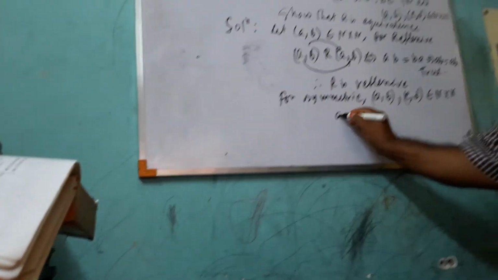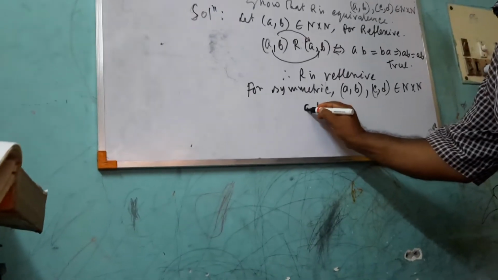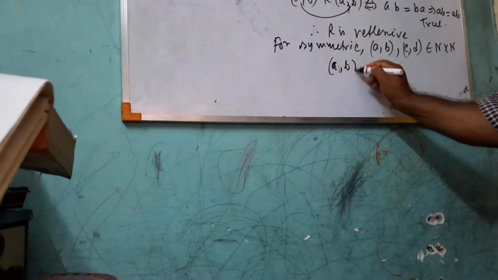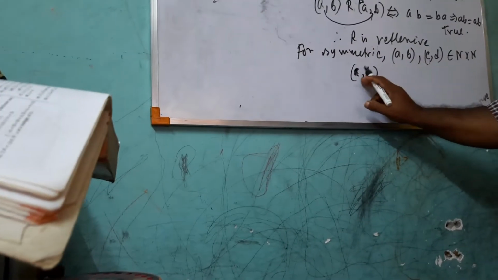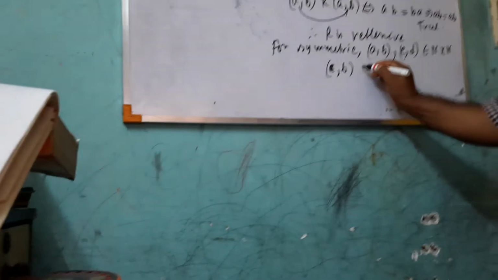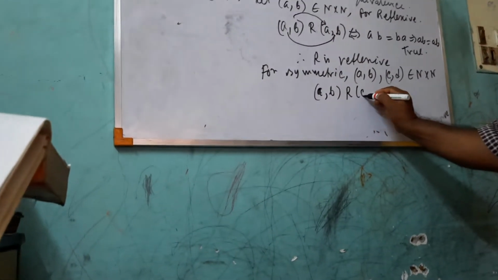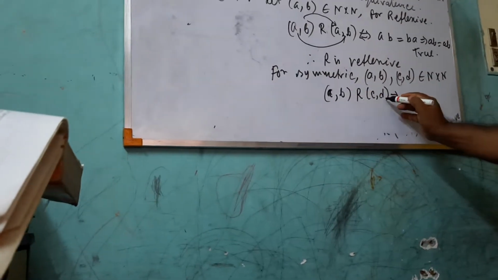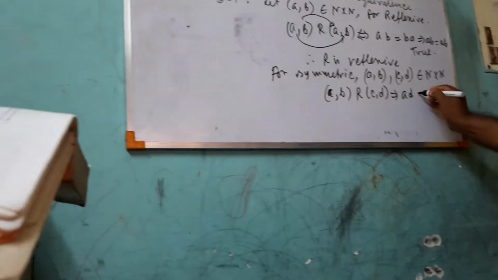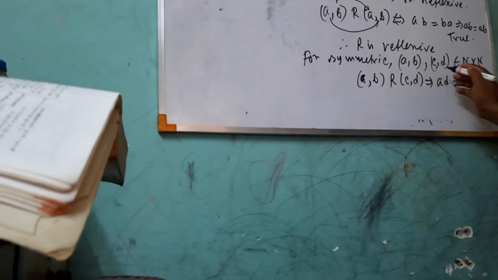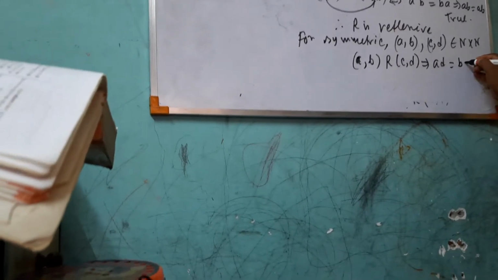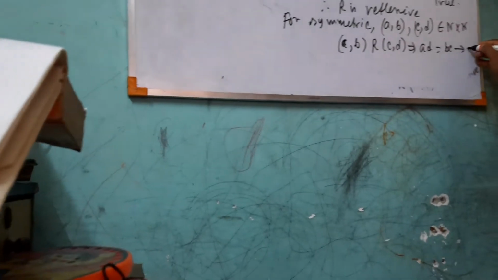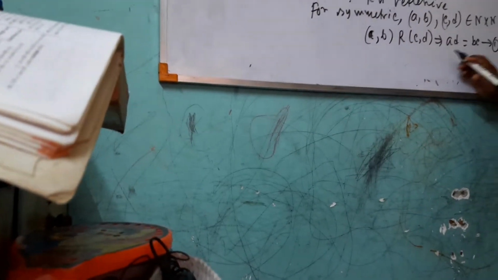Now (a,b) R (c,d). What is this relation? This into this, that is AD, is equal to this into this, that is BC. AD equal to BC. This is 1.